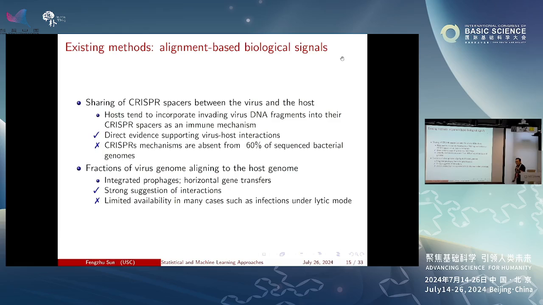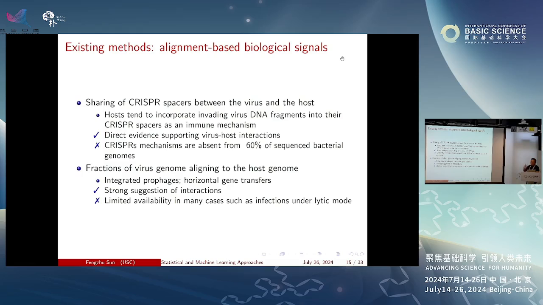And so the bacteria actually are smart as human. The virus affects some bacteria, and the bacteria is smart enough to get some viruses from the virus, and they get it into their own genome in some repeat regions, and it's so-called CRISPR.